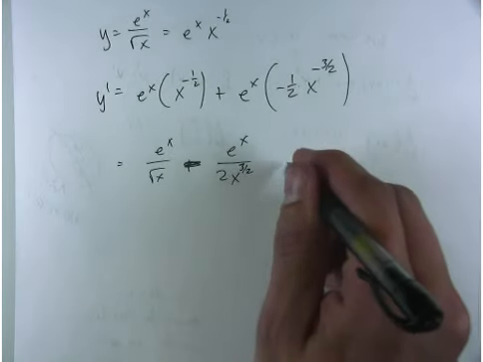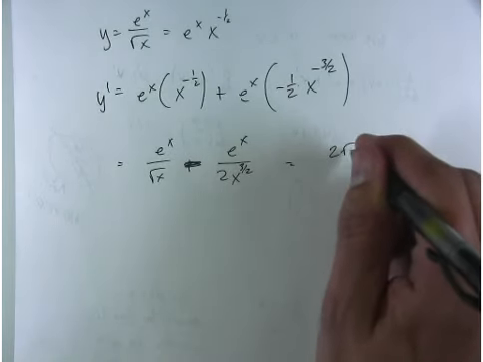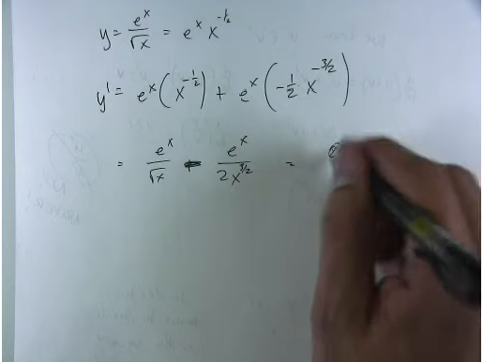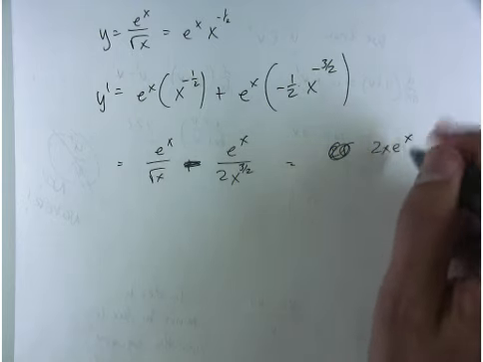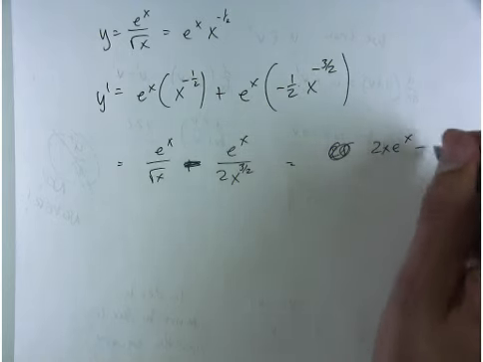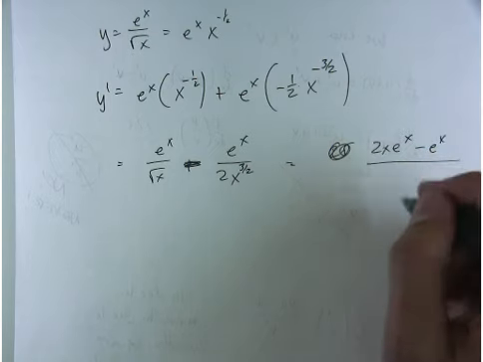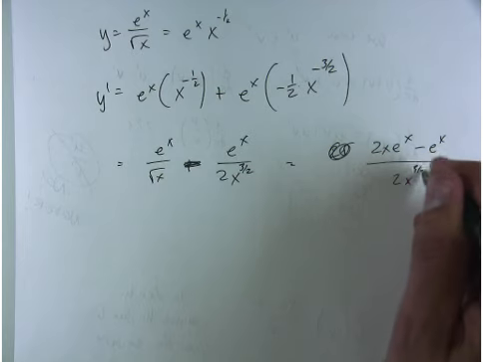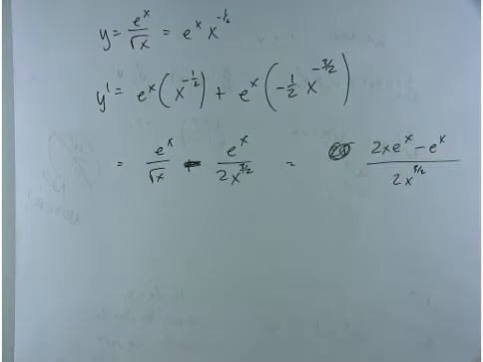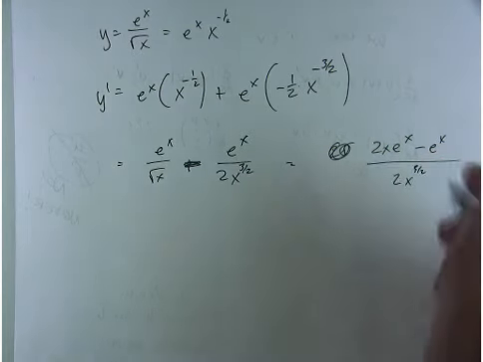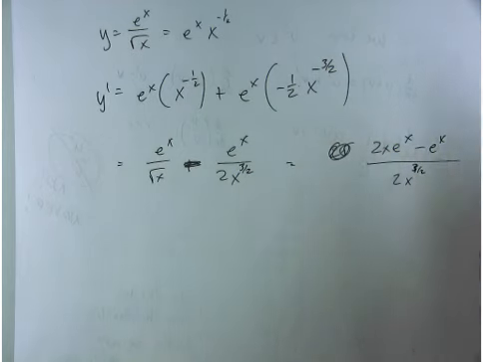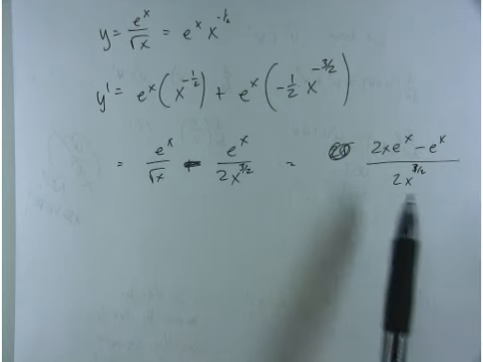I'm going to get 2x e to the x minus e to the x, all divided by 2x root x, or x to the 3 halves. X times the square root of x is x to the 3 halves. So if you wanted to find a common denominator, you could smush it all together. And it's the same as what we got before.